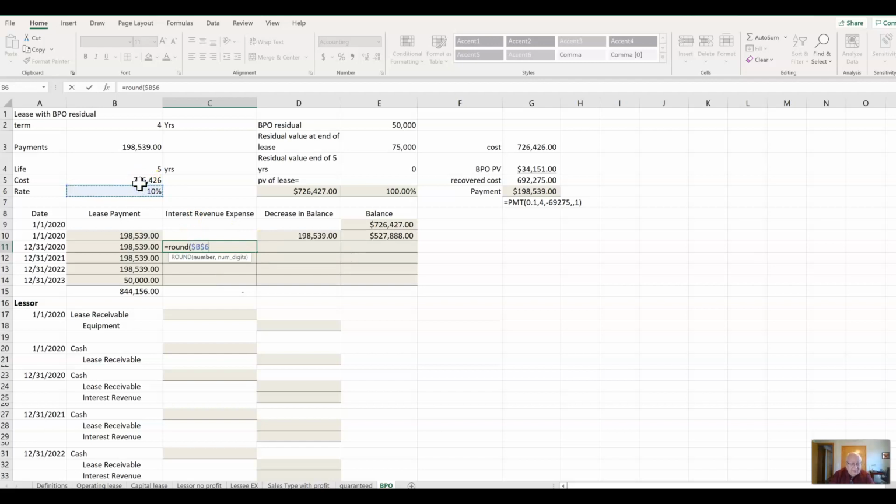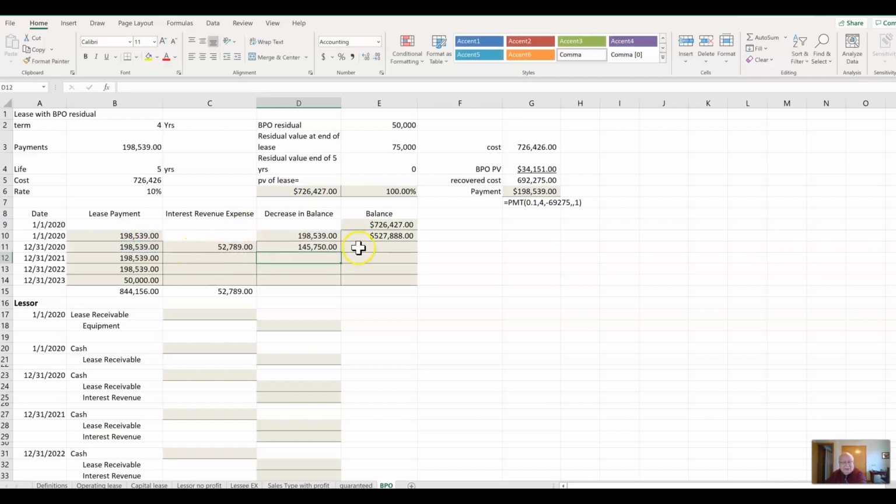It's the 10%. This time make sure it's F4, the absolute value, times the balance, comma 0, comma 1, comma 0. Okay, and then this one is the difference, subtract the 198 minus the 52,789 and the 527 minus the 145,750.